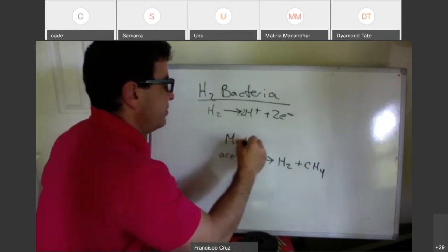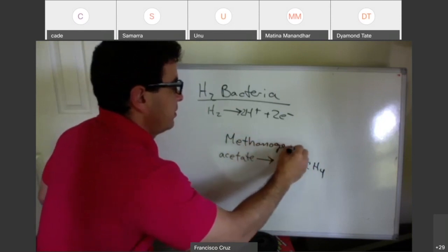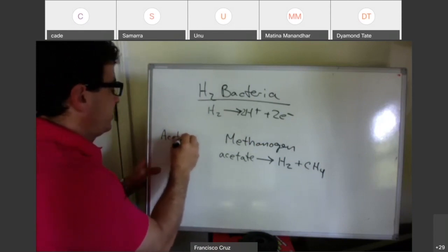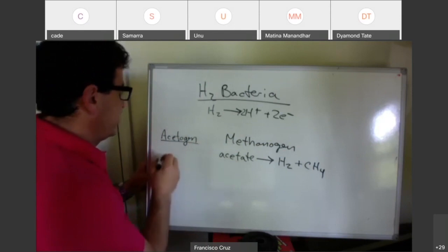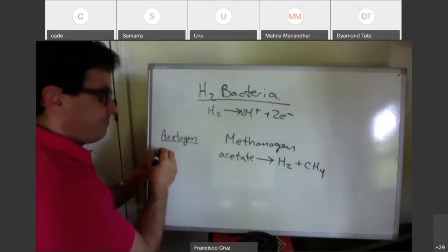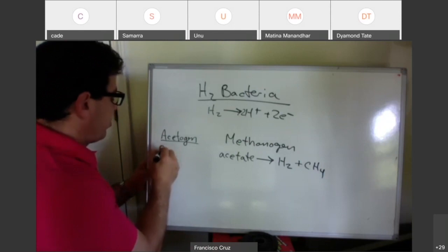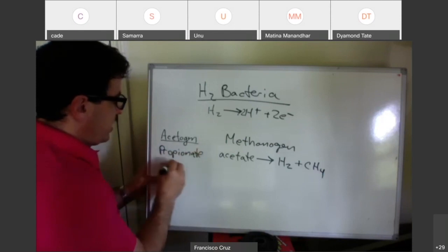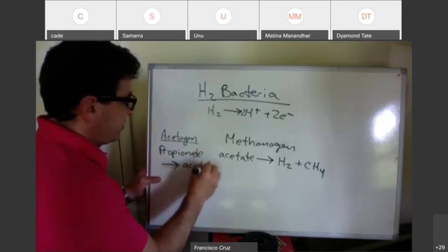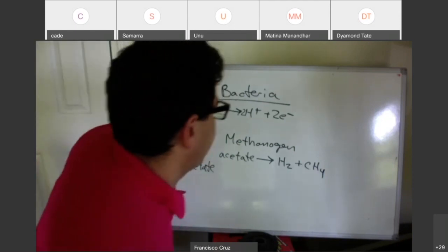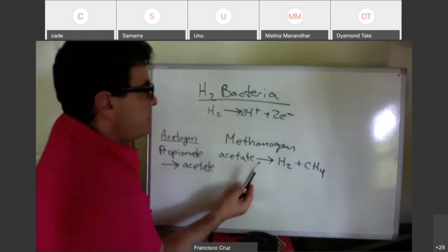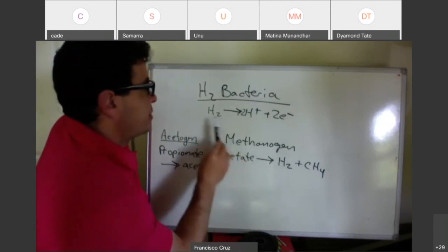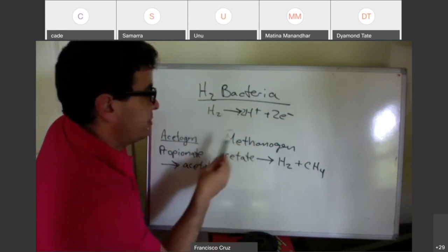This is a methanogen. Acetogen produces this, and so it'll take propionate, and that'll produce acetate. Okay. So here we have an H2 production. Now, H2 bacteria consume H2.